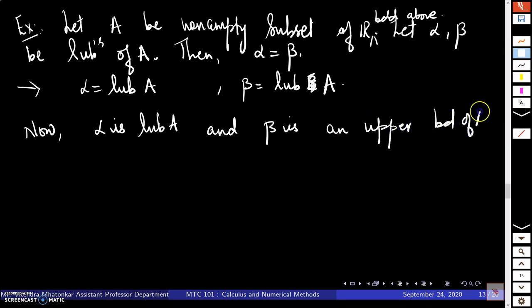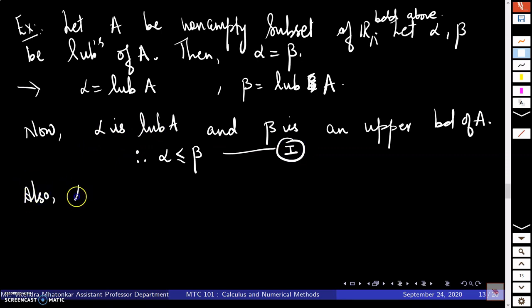So alpha being the least and beta being any other upper bound, that means alpha must be less than or equal to beta, because I'm assuming that in this case alpha is the least upper bound.